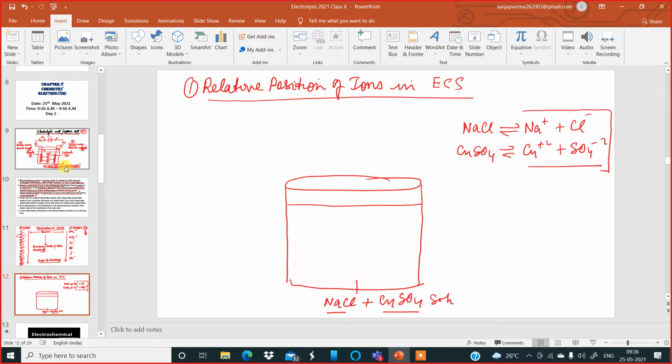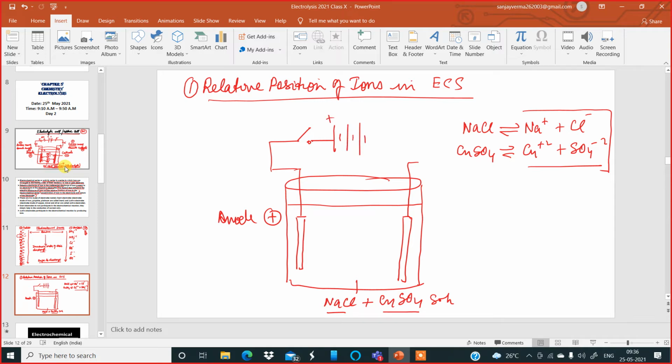Now I will take two electrodes, two conducting rods, and connect them in this manner in the electrolytic solution. The positive electrode, which is called anode, is connected to a key and then to a battery, like this.